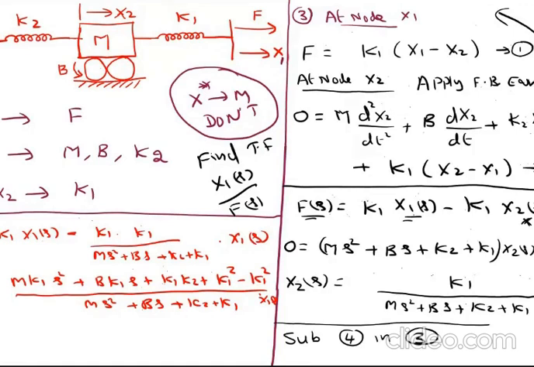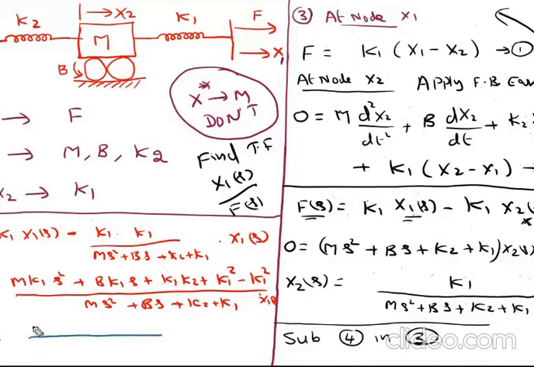Now sending these parameters to the right side, numerator and denominator are going to change. That's it.